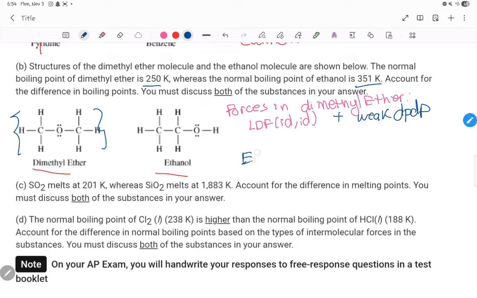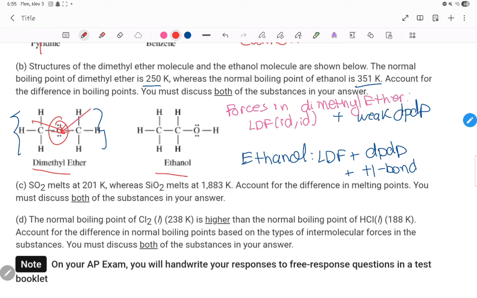Now, ethanol, what are the forces found in ethanol? Again, you have to write this in paragraph form. Ethanol has LDF, it has weak dipole forces, and it has a hydrogen bond. How do we know? Here, this cannot form a hydrogen bond because, as we said, it has weak dipole forces, but in some sense it's non-polar because it's symmetrical and everything around it is the same.